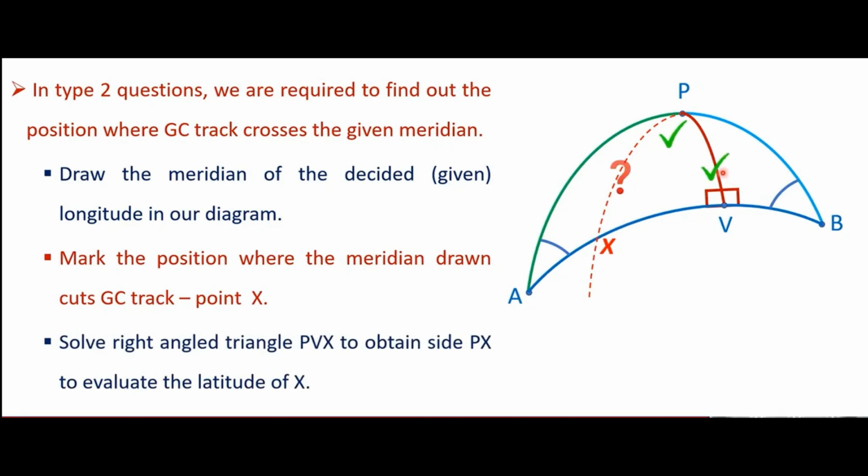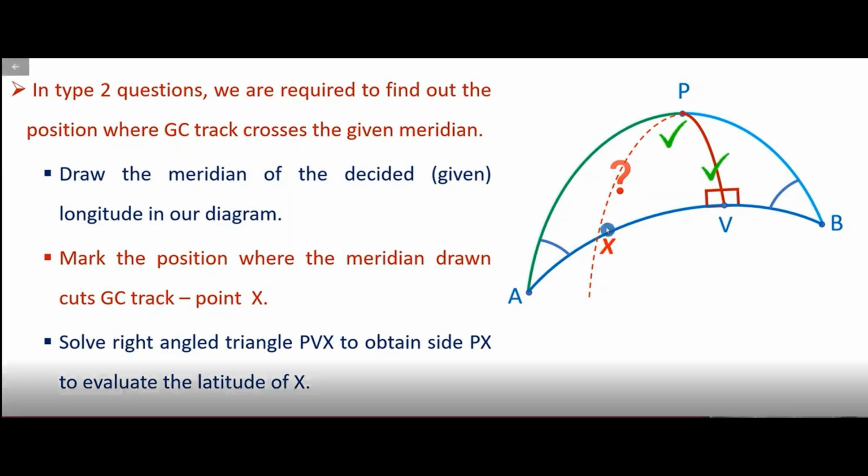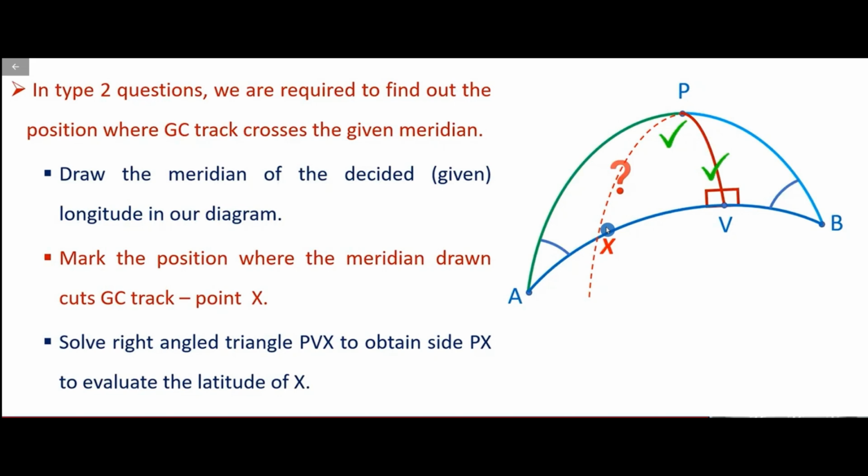So here parts known are PV and P. To be calculated is PX. So beta, with this we complete this type 2 problem also, where a longitude is given to us and we need to know what is the position at which the great circle track crosses that particular longitude or meridian.